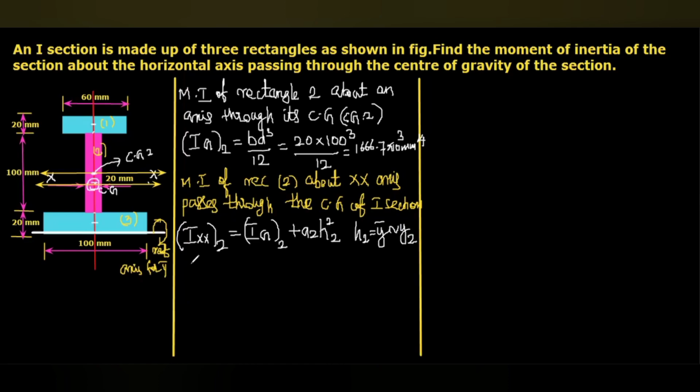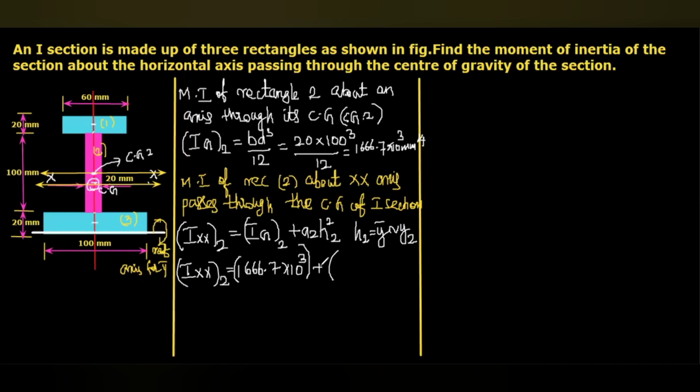So now substitute all the values. IXX2 equals IG2 that we calculated here, 1666.7 multiplied with 10 power 3 plus A2.